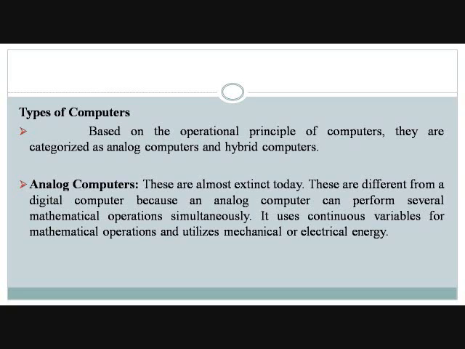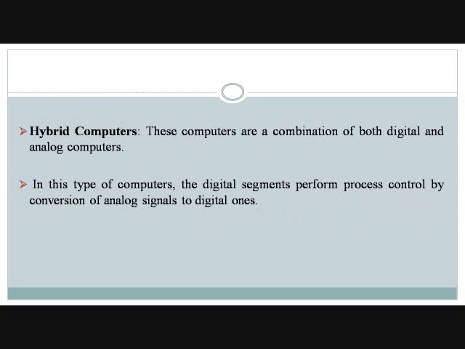It uses continuous variables for mathematical operations and utilizes mechanical or electrical energy. Hybrid computers. These computers are a combination of both digital and analog computers. In this type of computer, the digital segment performs process control by converting analog signals to digital ones.